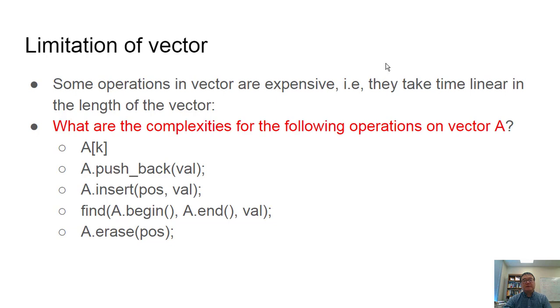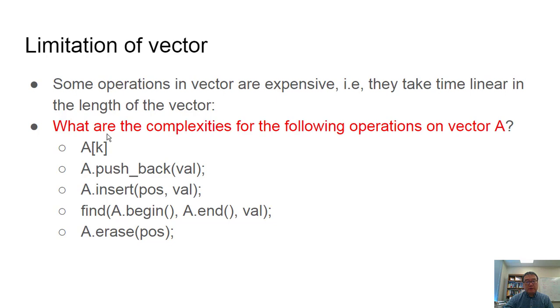And here by expensive, we mean that they take time linear in the length of the vector. So when you write code using these expensive operations, it might be one line of code. You look at it and think that's kind of like a constant operation, but actually it's linear. This will make some algorithms too slow to solve problems efficiently.